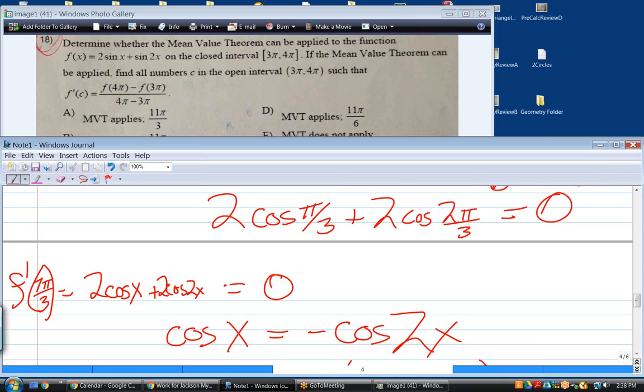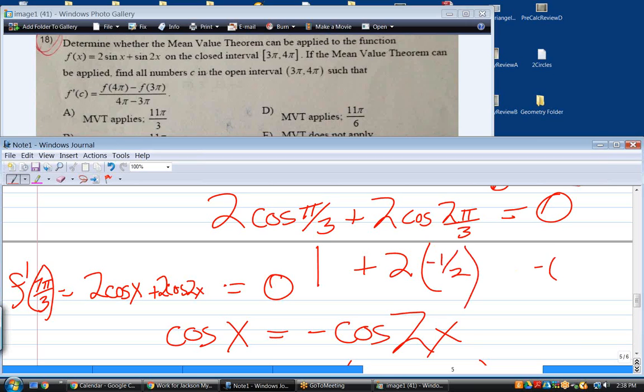Well, let's see. Cosine of pi over 3, that's 60 degrees, that's 1/2. So we have 1 plus 2 cosine of 2 pi over 3, which is -1/2. Yes, that is equal to 0. So I see what I did wrong. Notice that 7 pi over 3 is not in the interval.